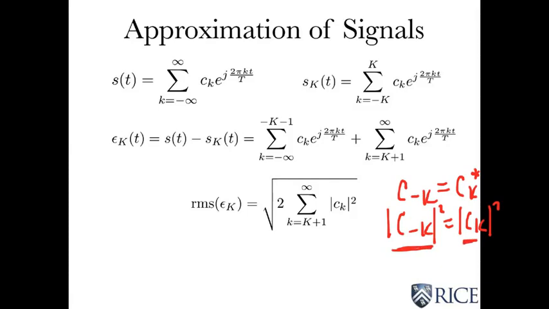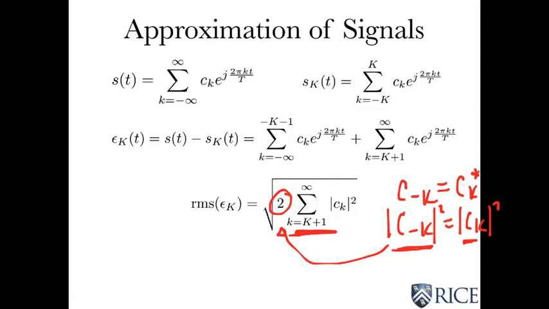So you can write the whole thing, and this is a very good example of why you want to do that, only over the positive index parts, and you put in a 2, because that's including the negative frequency terms.